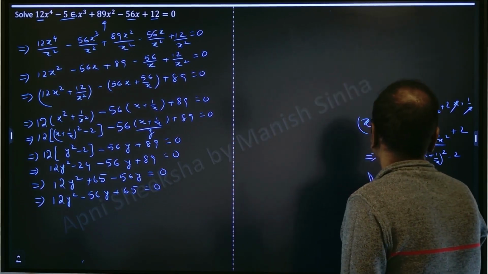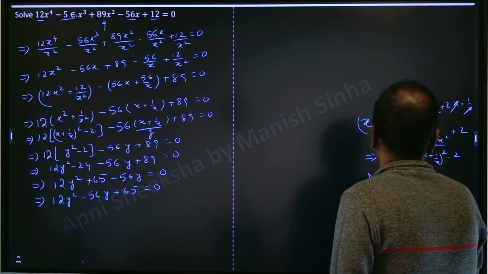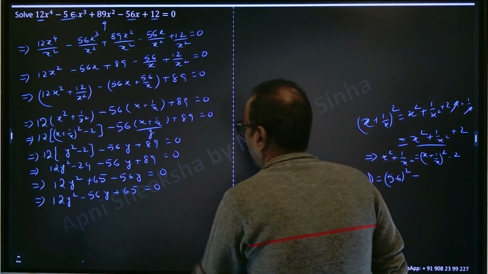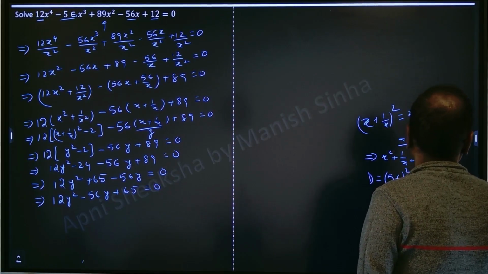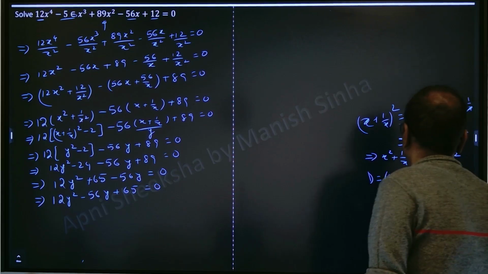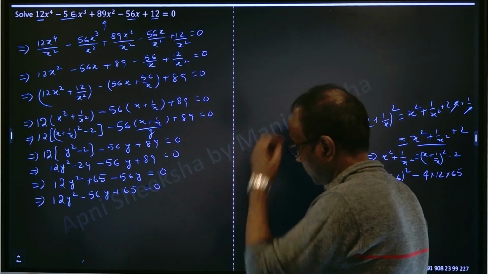56 square minus 4 into 12 into 65. So what is 56 square?